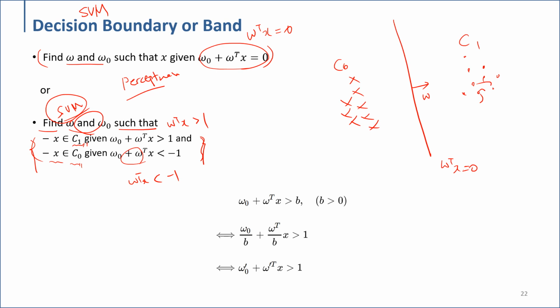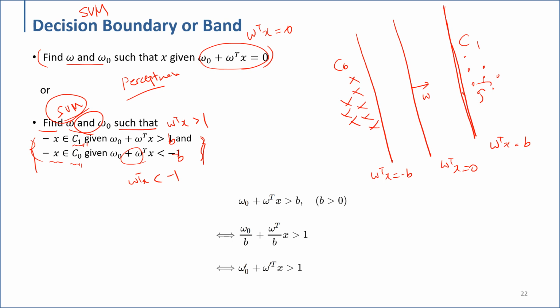This condition is nothing but finding the model with omega transpose x is equal to b, and this one is omega transpose x is equal to -b. So let's write this one is -b and this one is b.